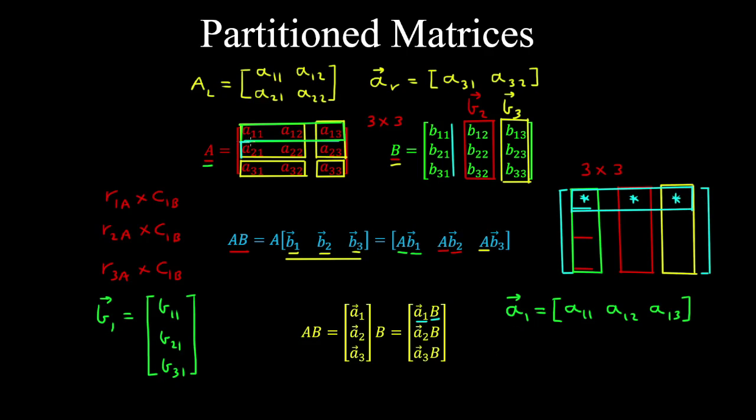And similarly, the row vector in row 2 of matrix A multiplied by this matrix B is going to give the entries in the second row. So here we're essentially getting row vectors representing each row of the resulting matrix.